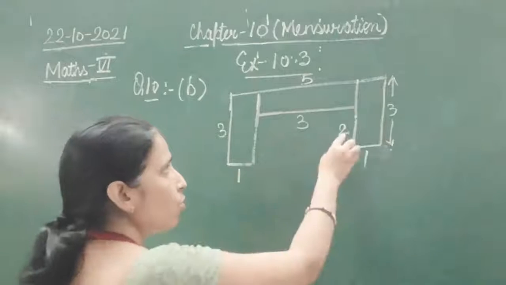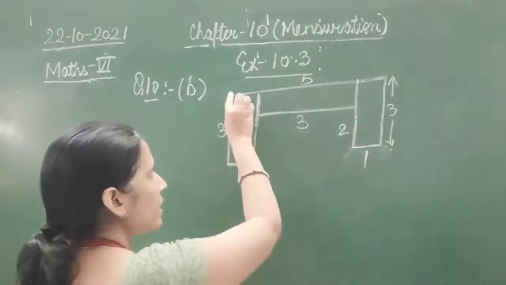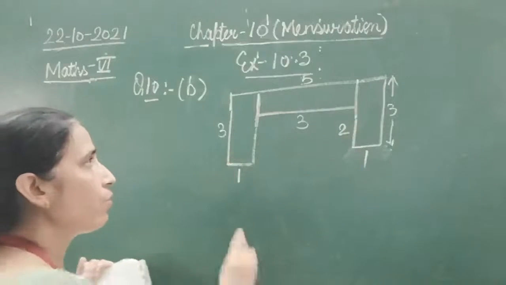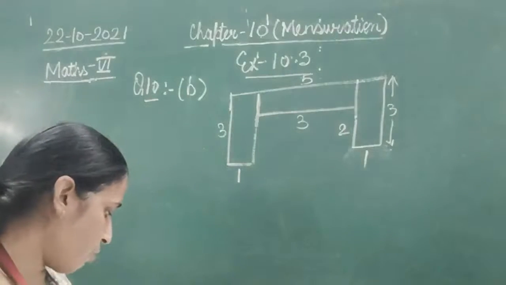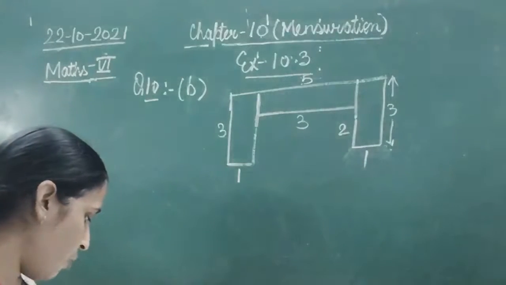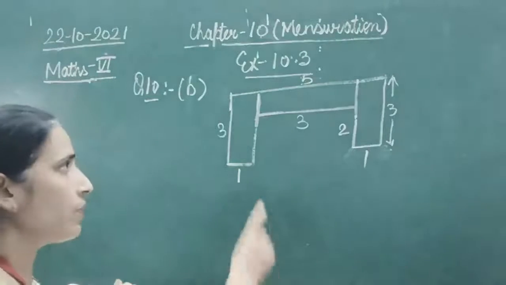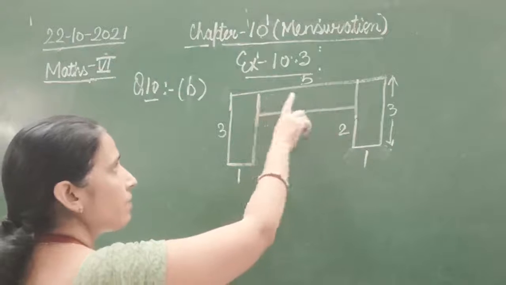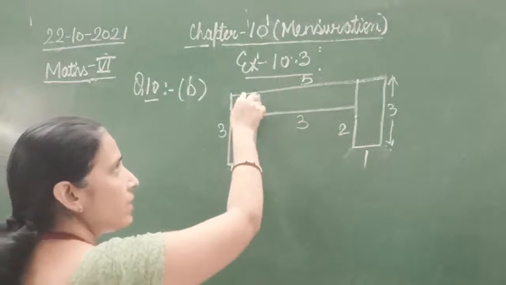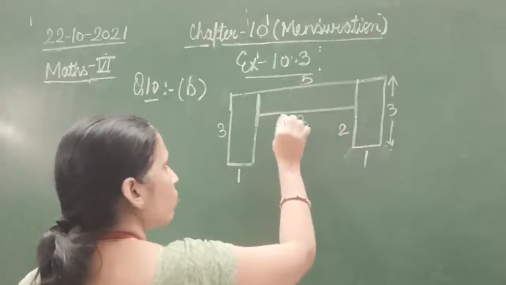Fine, so 2 plus 1. Now this length is complete 3. If you join from there, that is also 3 only, 2 plus 1, 3 there also and here also. Then in between we have this 5 minus 1, this, and 1 this. So 3 and 1.